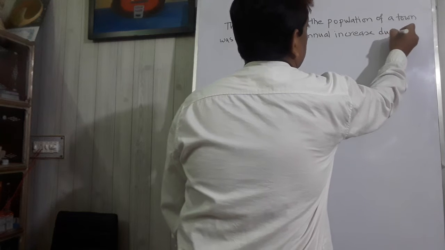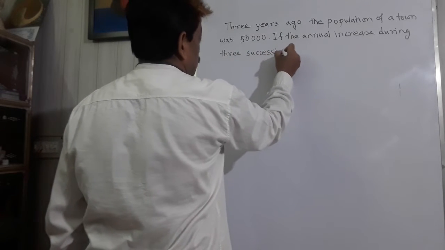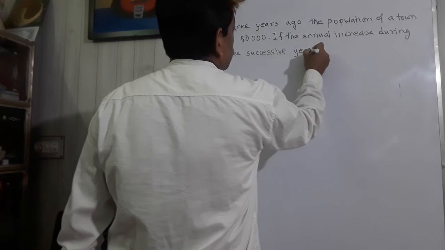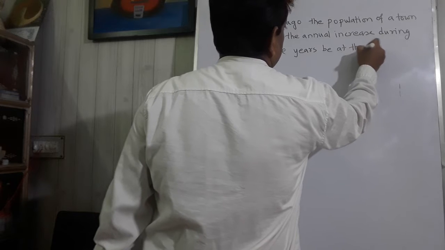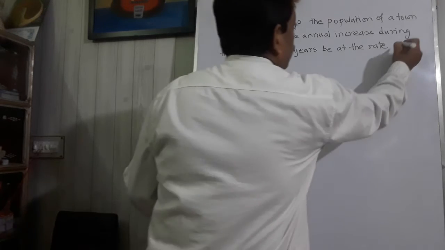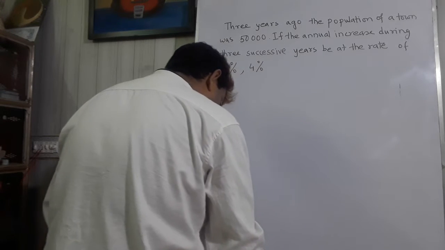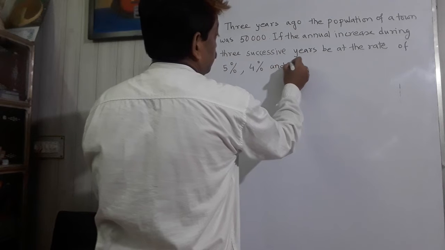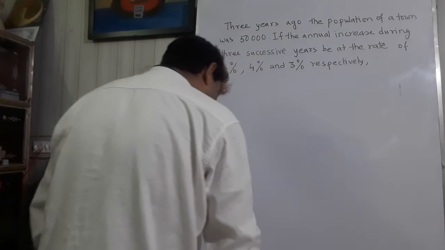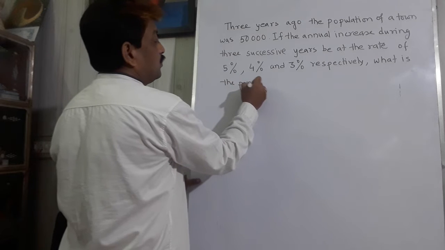If the annual increase during 3 successive years be at the rate of 5%, 4% and 3% respectively, then what is the present population?